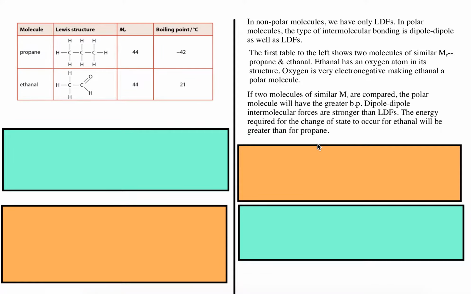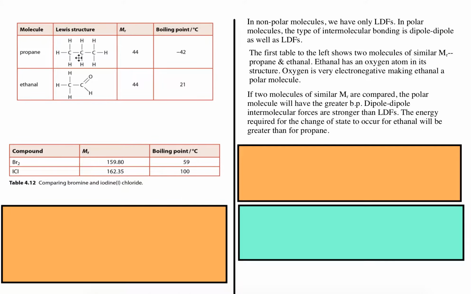Let's go to the next one. We're not comparing organic molecules anymore. Now we have two compounds that consist of halogens only. We've got bromine, and then we have iodine chloride.